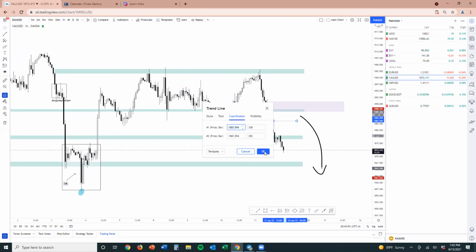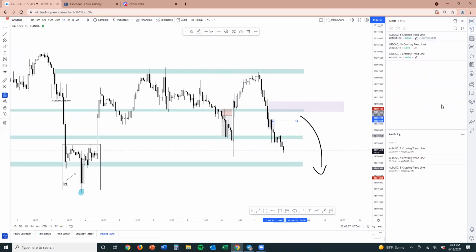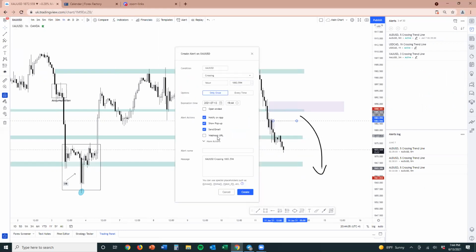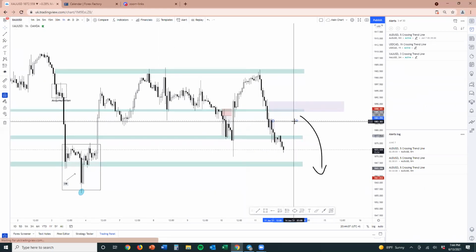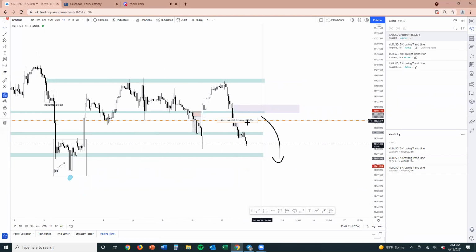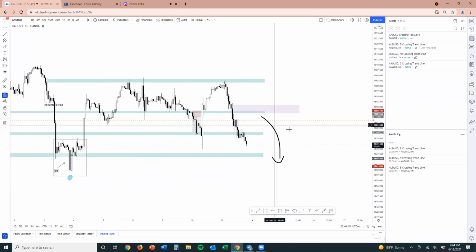1833.594. Set that alert up now. So with this alert set, if we do break this, this is where I will start to look for what price action wants to do.